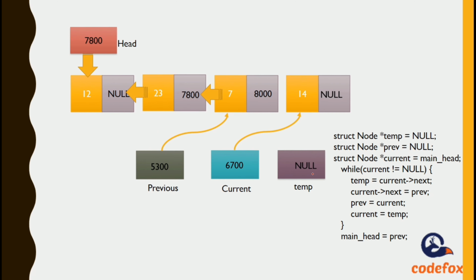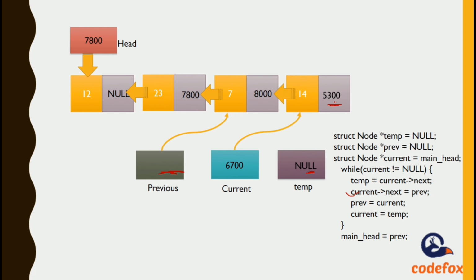Now temp is storing the address of current's next, because this is null, so we replaced null here. Now we need to replace the address of current's next part with the previous part, and previous is 5300 here. So we replaced it successfully. Now we'll link it with the node, so a link will be created.